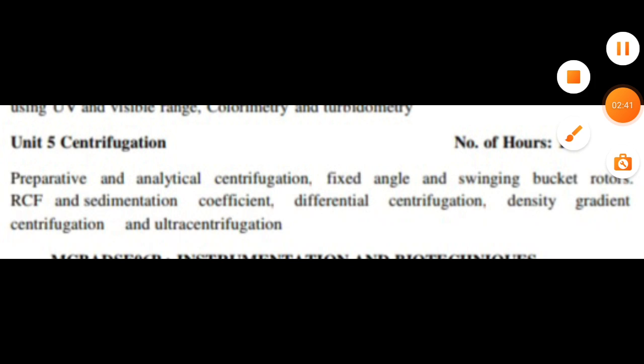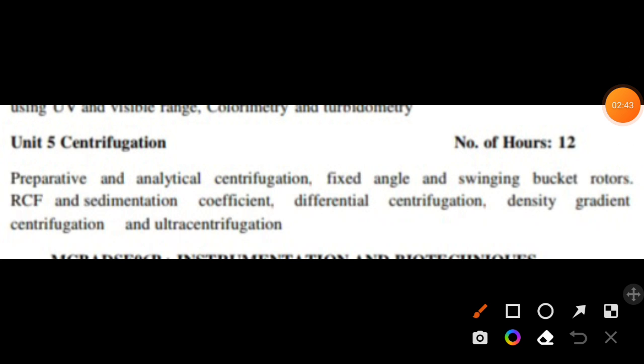We have touched on preparative and analytical centrifugation. In preparative centrifugation, we are isolating a particle from the mixture.